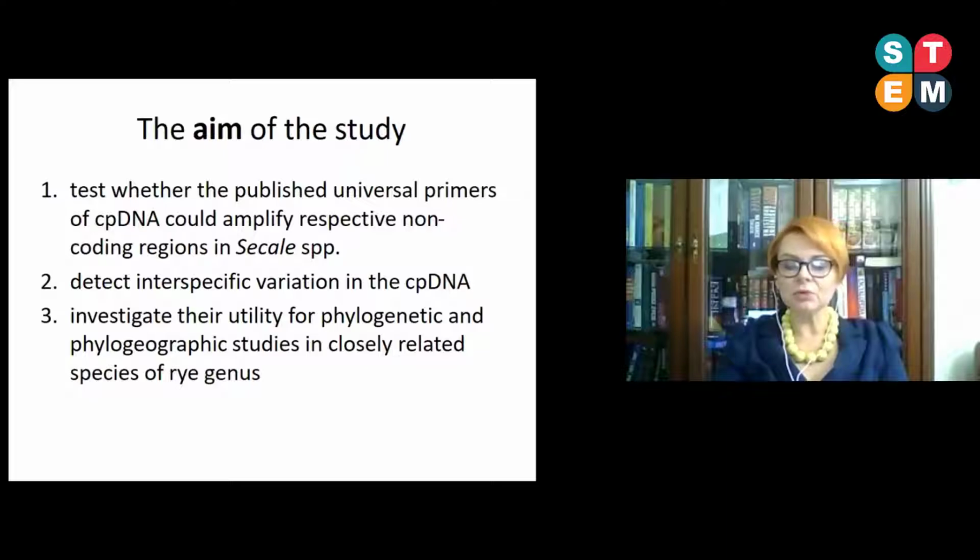Our intention was to select promising candidates of chloroplast DNA regions to guide future phylogenetic and population studies in rye species.